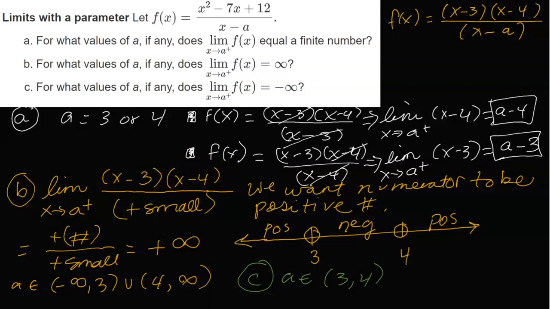So in order to get positive infinity, we will need the numerator to be positive as well, and the numerator is positive when a belongs to this interval and that interval. And the numerator is negative when x is in between 3 and 4, and so then the limit there would be negative infinity.